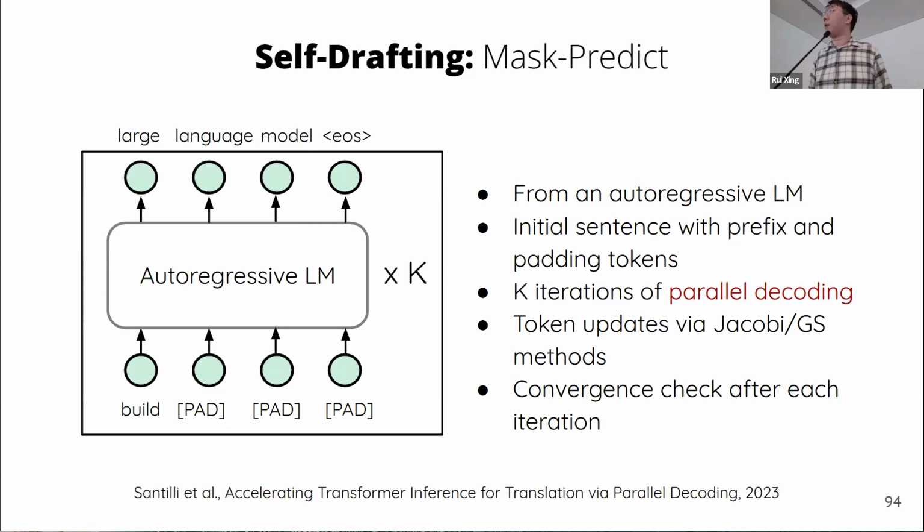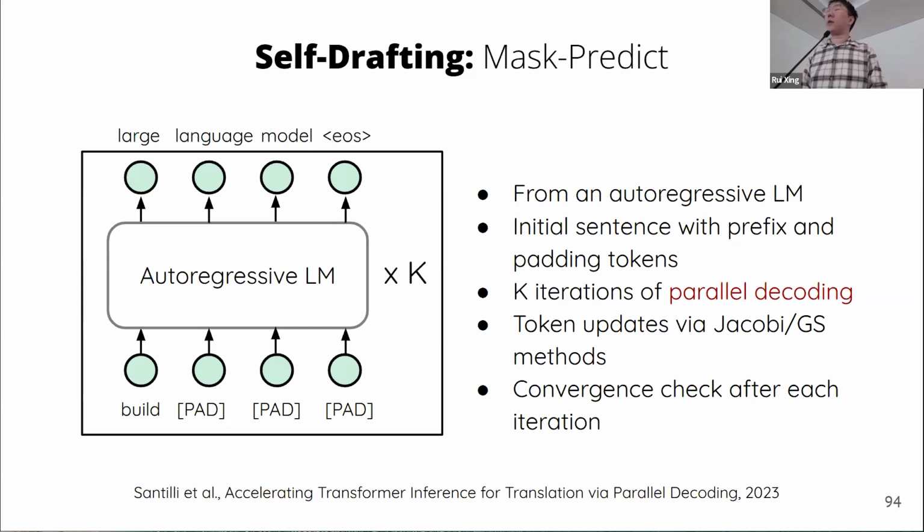After k iterations, every time the tokens update with the Jacobi method. It's like an optimization method, and you can find more theory in the paper, but it usually can converge. And after each iteration, if it converges, you can directly get the final output of the large language model.